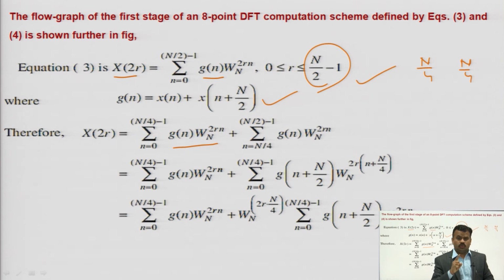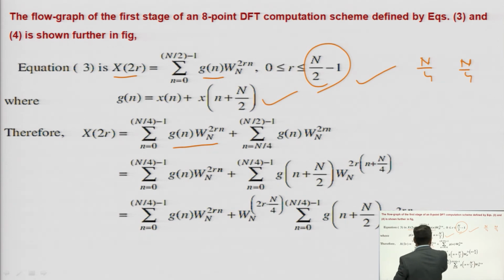So, n by 2 by half is equal to n by 4. Okay. So, that is why I am writing here n by 4 minus 1 and n by 4 to n by 2 minus 1. So, g n into this and g n into this, similar terms you are taking here. So, the length of this is also n by 4. So, you can take as usual from n 0 to n by 4 minus 1. Okay.